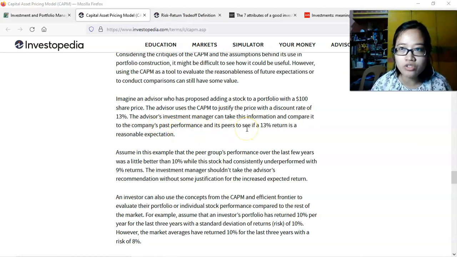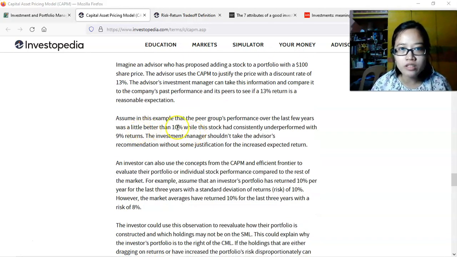And its peers or yung competitors ng particular corporation na yun, or kumbaga yung industry average na, to see if the 13% return is a reasonable expectation. Assuming in this example that the peer group's performance over the last few years was a little better than 10%, while this stock has consistently underperformed with a 9% return, so the investment manager shouldn't take the advisor's recommendation without some justification for the increased expected return.